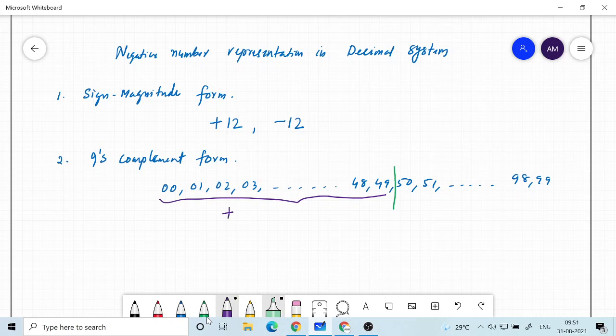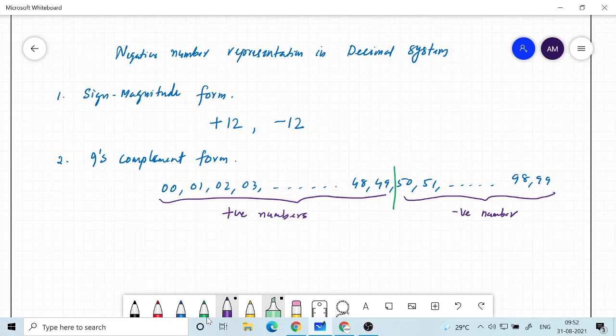These are all positive numbers. And then we say that the second half we will dedicate for representing negative numbers.